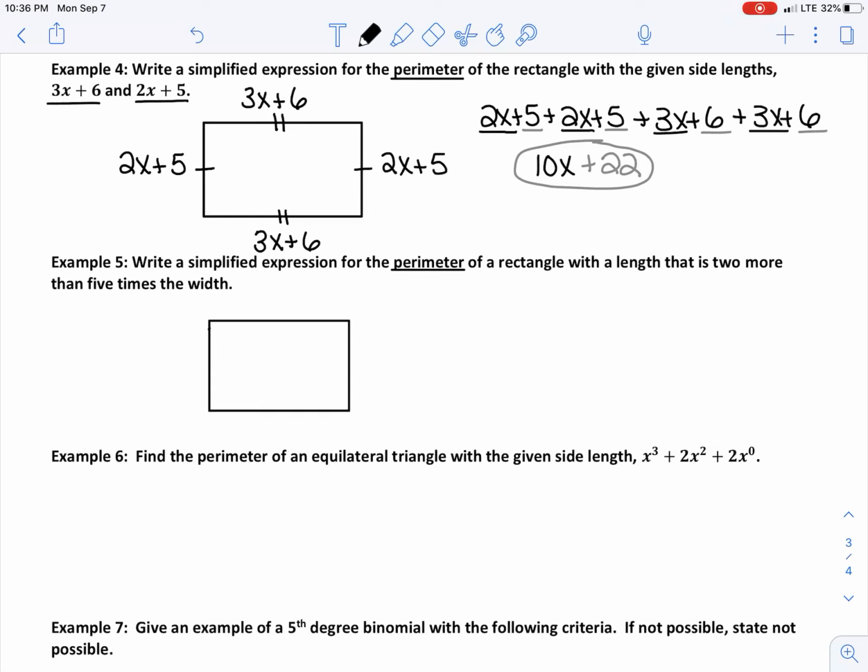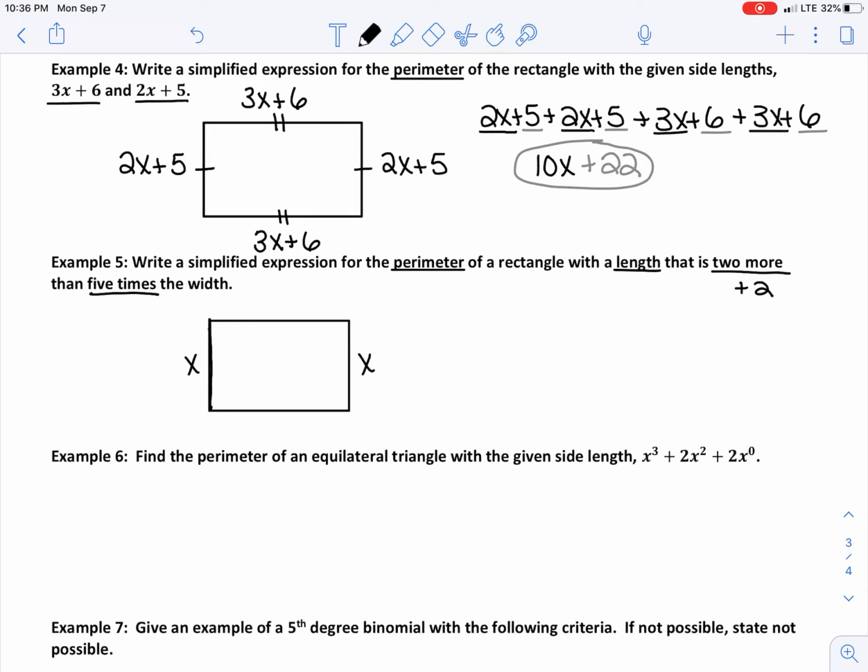So if we're talking about width, I'm just going to make width x. If this is my width here, I'm just going to make that x, which means that the other side has to be x because we're talking about a rectangle. But then it says the length is 2 more than 5 times the width. Okay, 5 times is like taking 5 times whatever the width is.